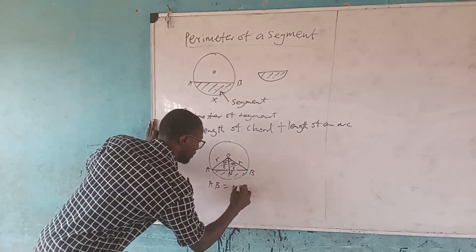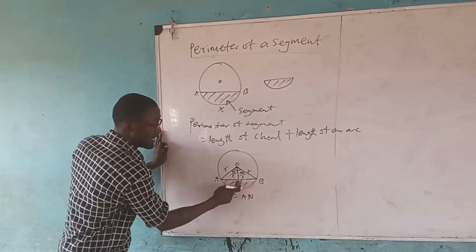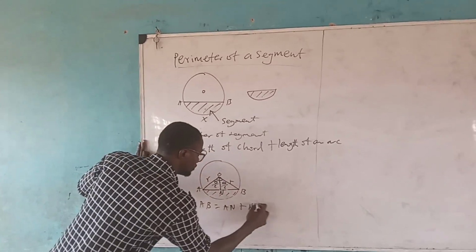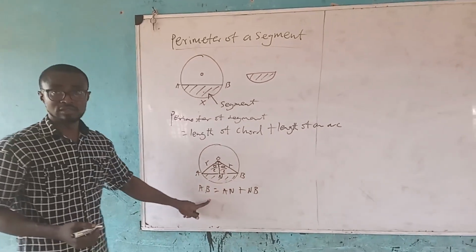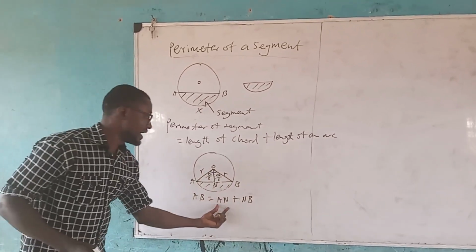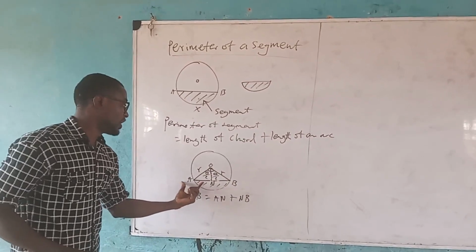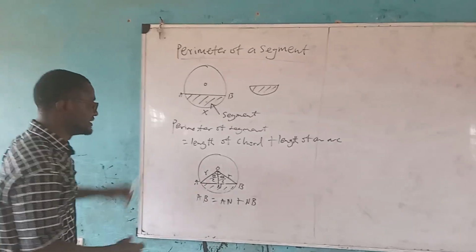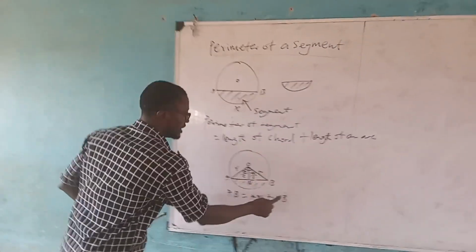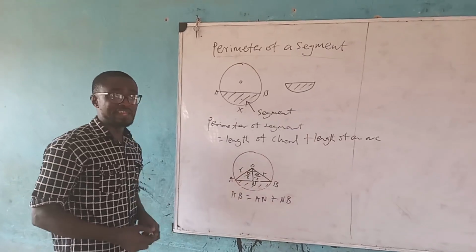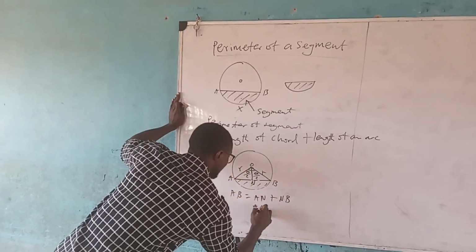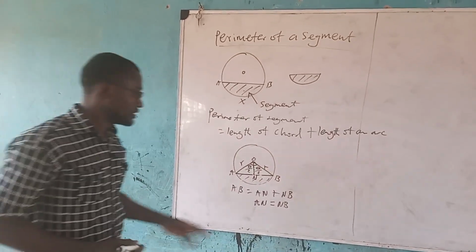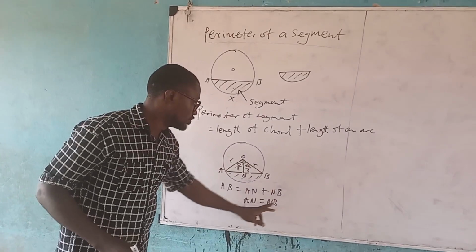So the distance from A to N plus the distance from N to B is equal to AB, because N is the midpoint of AB. Invariably, since AN plus NB is equal to AB, that means AN is equal to NB.